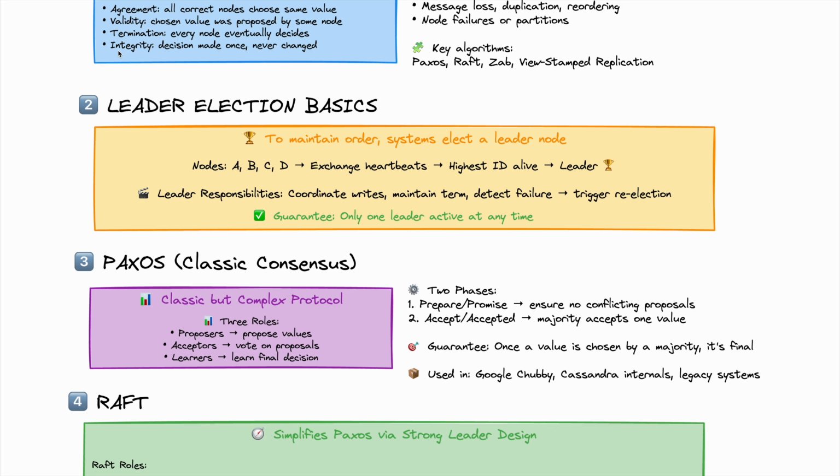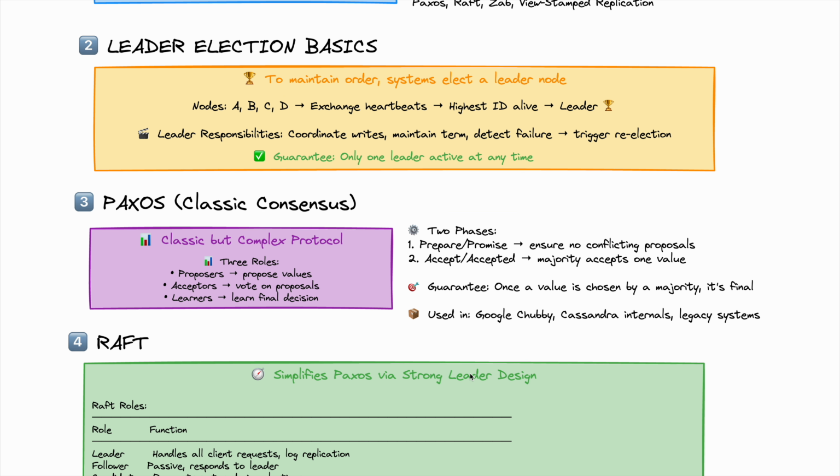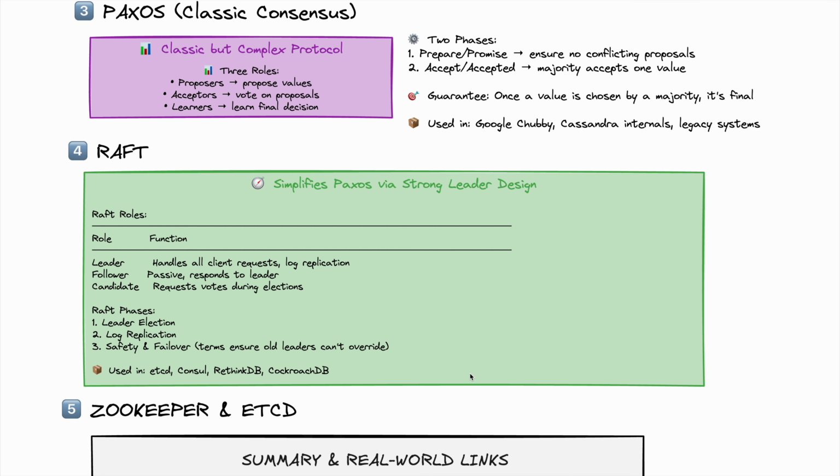And we also maintain integrity, which means that the value cannot be changed. The value accepted by all the nodes will not be changed in the future, or based on some logic in one of the nodes. It's used in systems such as Google Chubby, the Cassandra internals, and legacy systems.